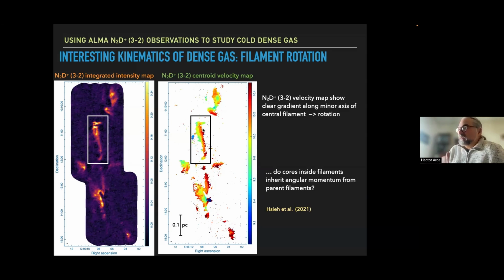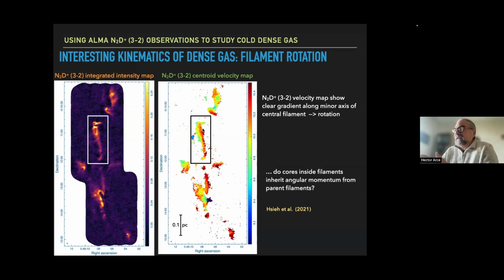Is it just because of turbulent motions that form the core, and because of that they start rotating, or is it because the filament where they form is also rotating, and that rotation is then given, so to speak, to the core? So that's what we were trying to figure out here.